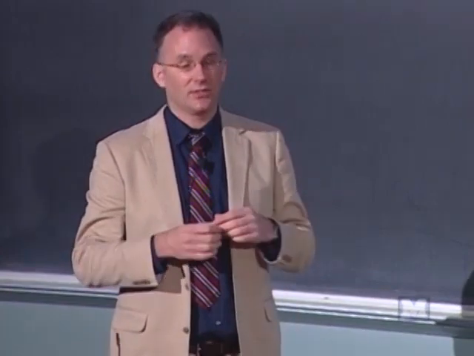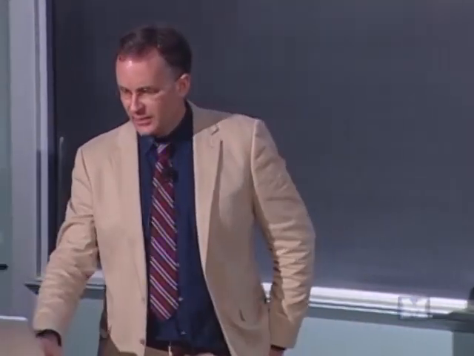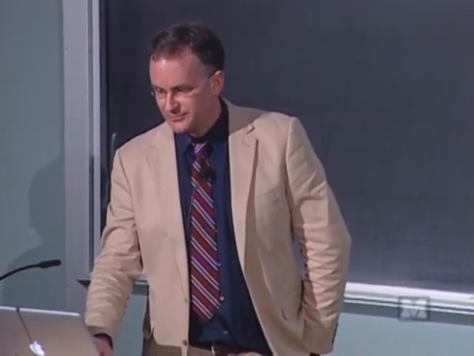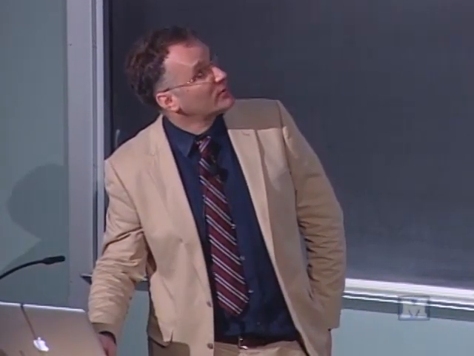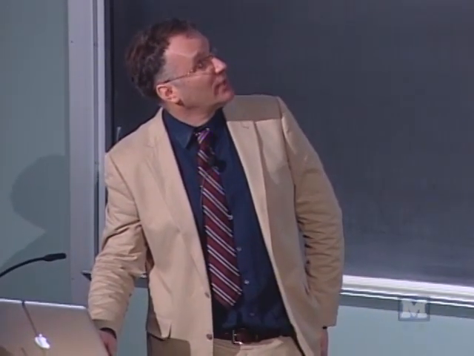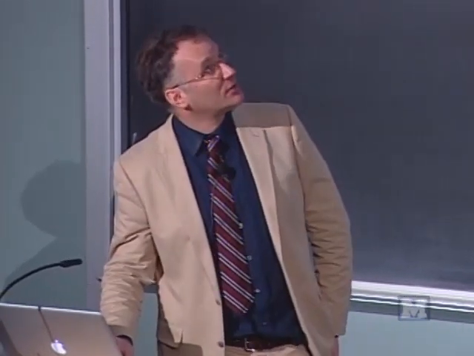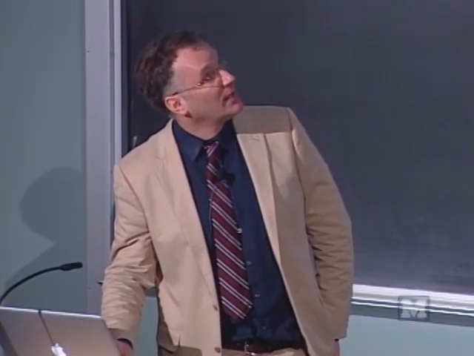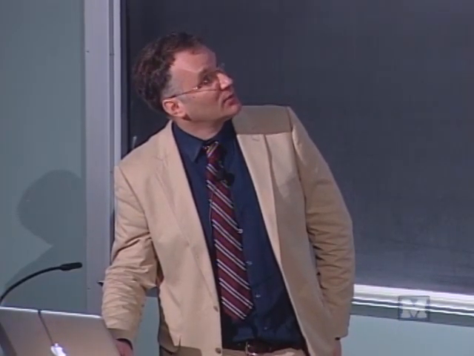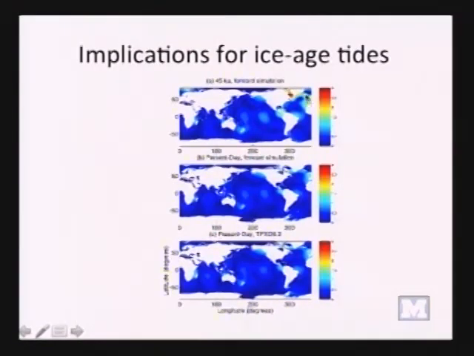And so all the work we've done so far would predict that the tides of the ice age would have been larger. And you can see that here. If you look at the tides in the Labrador Sea, this is an actual simulation of the tides of 45,000 years ago. And you have much larger tides in the North Atlantic, especially the Labrador Sea right there, than you do in the present day.